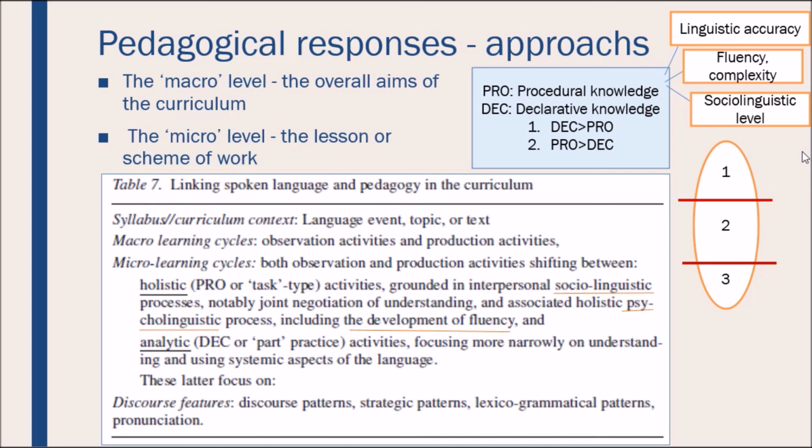You can start with declarative knowledge, then some activities that focus on procedural knowledge, then declarative, then procedural, and so on and so forth. In sum, the cycle of teaching should include both types of activities that engage students in developing their procedural knowledge and declarative knowledge, and in doing so, you want to make sure that students build linguistic accuracy, fluency, and complexity, and most importantly, some sort of pragmatic or sociolinguistic level of understanding.